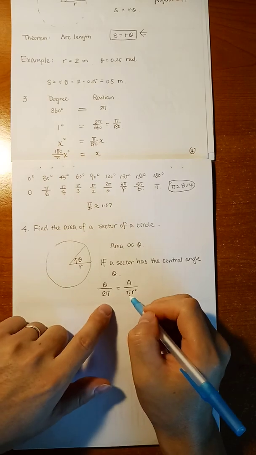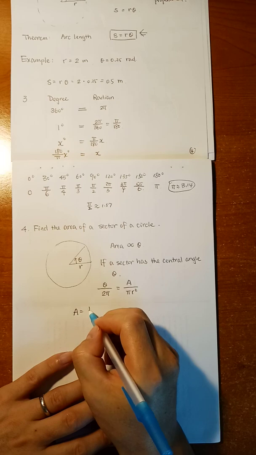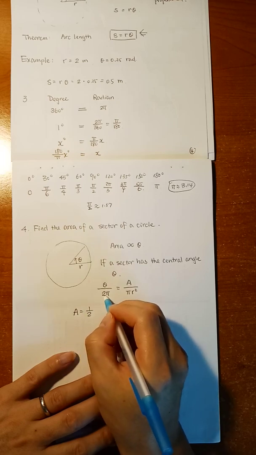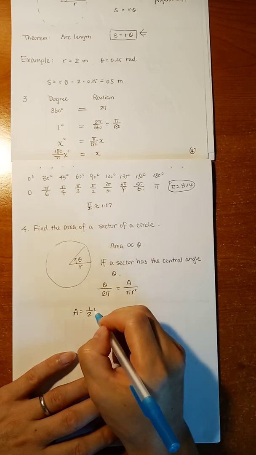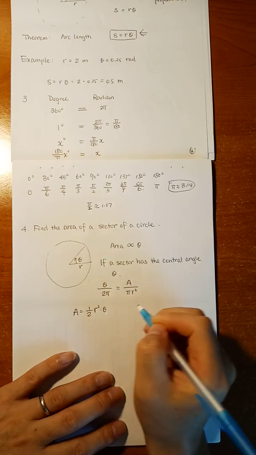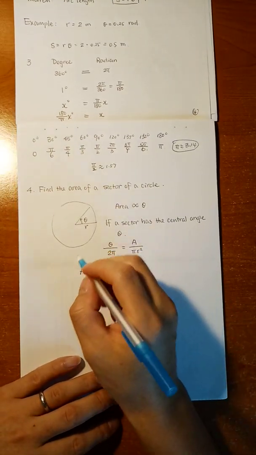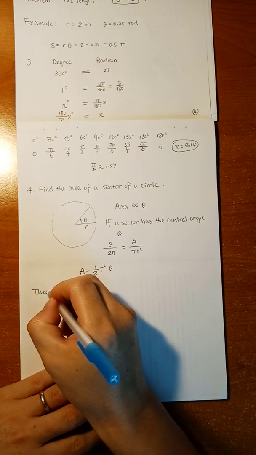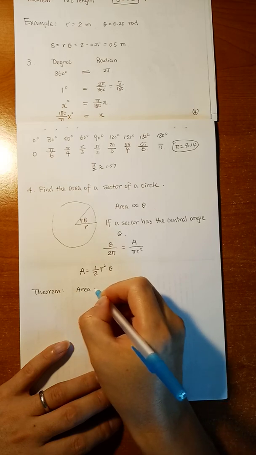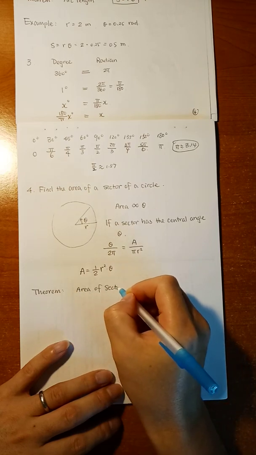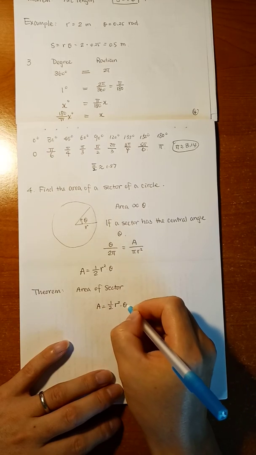And then you cancel pi from two sides, you will get the area of the sector is equal to 1/2. 1/2 comes from this 2. Pi cancelled, 2 survives. And r squared moved to the right side is r squared times theta. So this is the area of sector formula. The area is 1/2 r squared times theta.